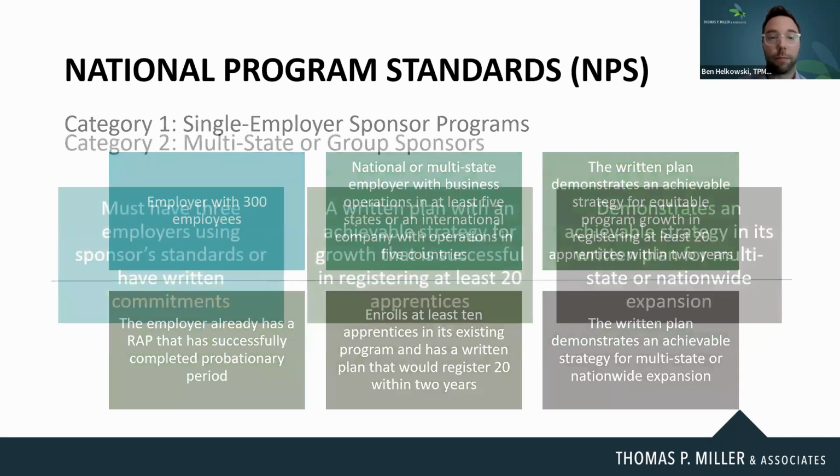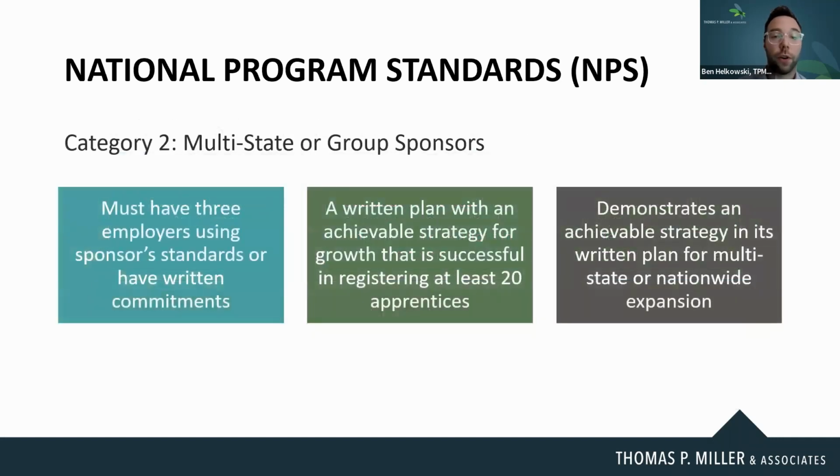So category 2, multi-state or group sponsors, only have one criteria to follow. That is that they must have 3 employers using the sponsor's standards or have written commitments to do so. They must have a written plan with an achievable strategy for growth that is successful in registering at least 20 apprentices. And they must demonstrate an achievable strategy in its written plan for multi-state or nationwide expansion.